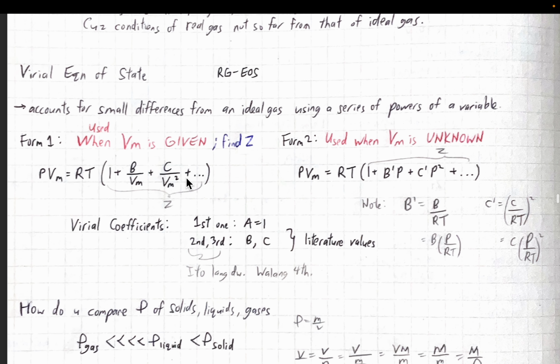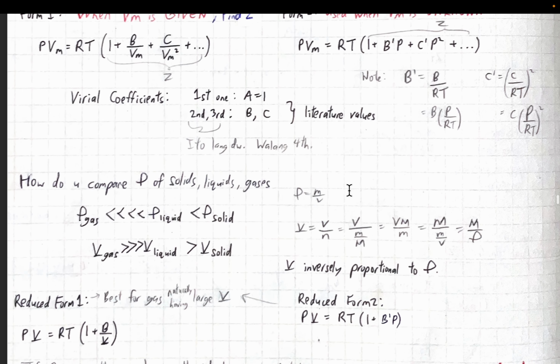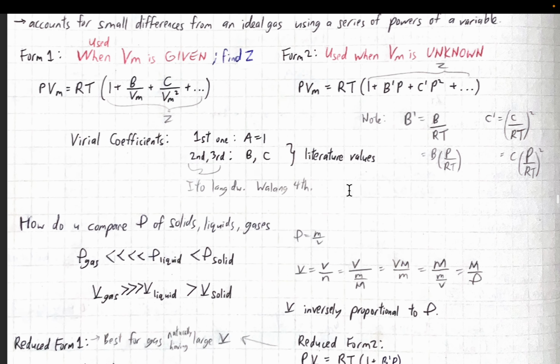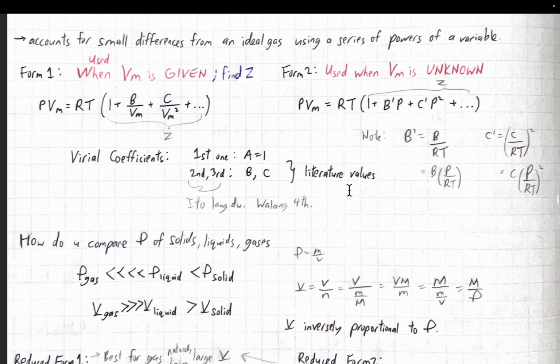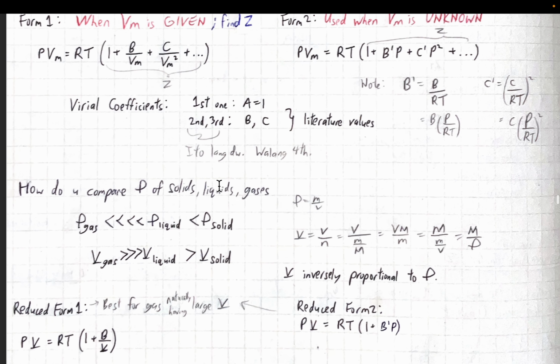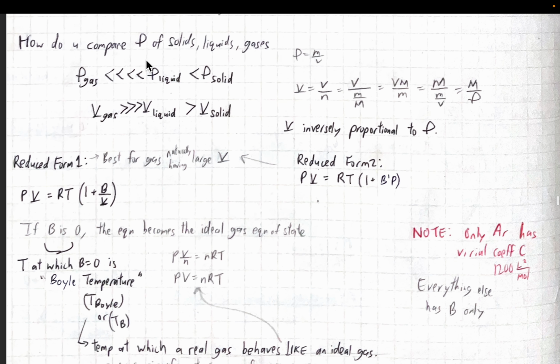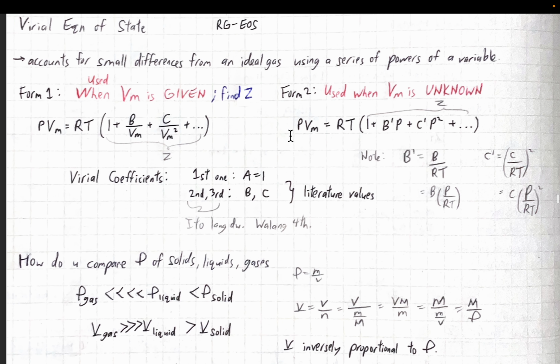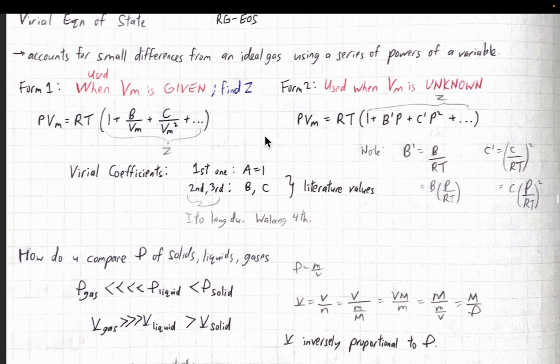So there's no more, sorry, there's no more fourth virial coefficient. We're only up to third at most. By the way, it's important for you to memorize the virial equation of state. Most likely it won't be provided as well.